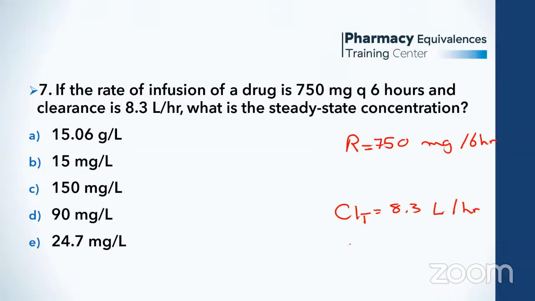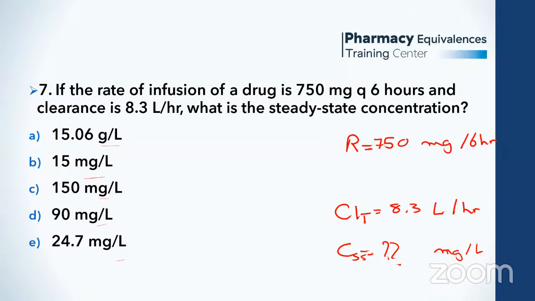What is the steady state? Check the unit of the steady state, either milligram per liter or gram per liter according to the choices. Let us put it as milligram per liter firstly and see what we will do. What is the formula of this information?